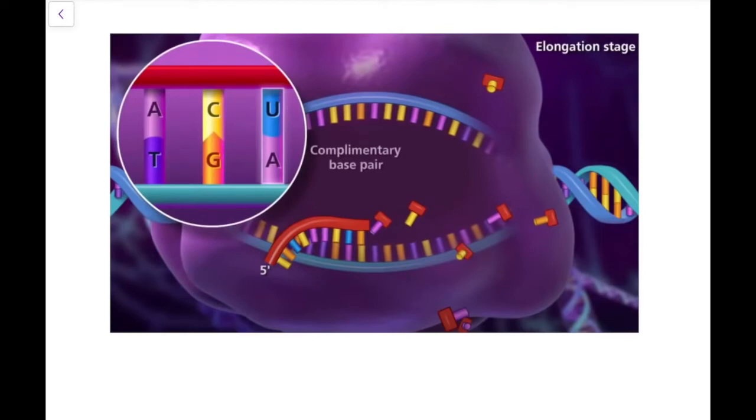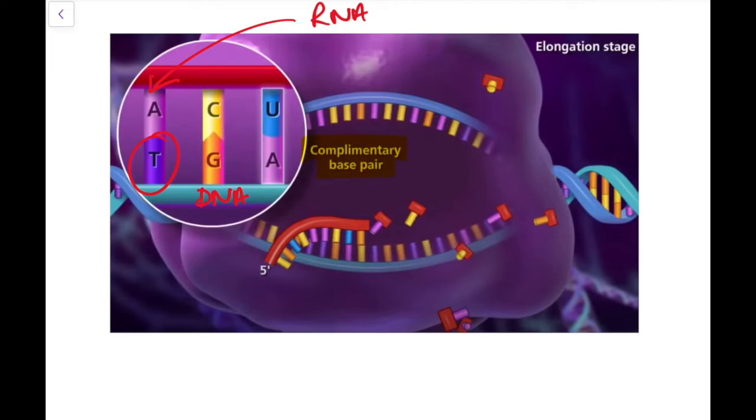And just like with DNA synthesis, it's going to do this according to complementary base pairing. So where we have a thymine, if this is the DNA, the only RNA nucleotide which can come in and make the correct hydrogen bonds would be the adenine, the nucleotide with the adenine base.